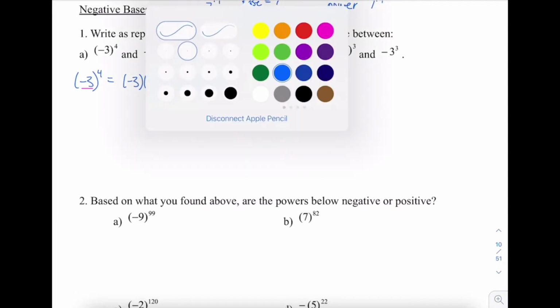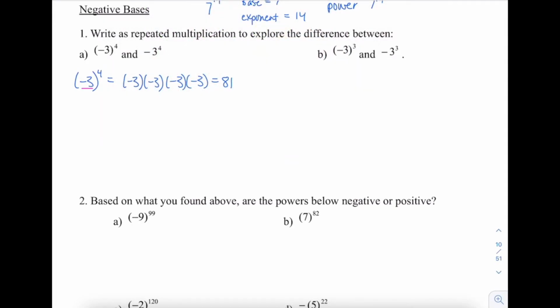The reason that the overall number is positive is because we have an even number of negative signs that cancel out. So the negative signs cancel. This is in contrast to our next power, which is negative 3 to the exponent 4.